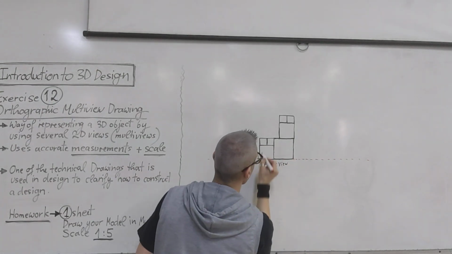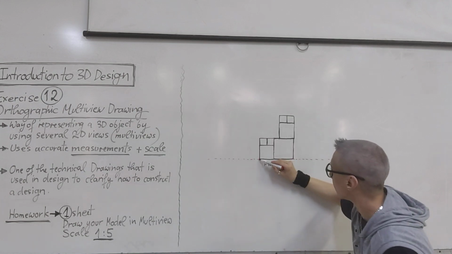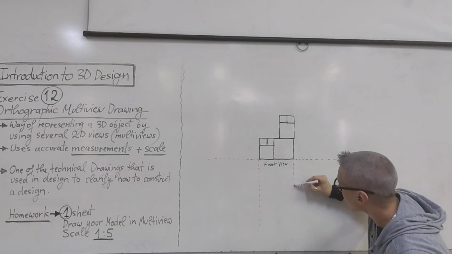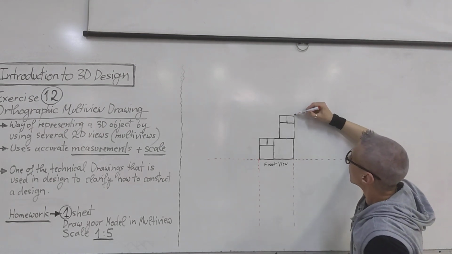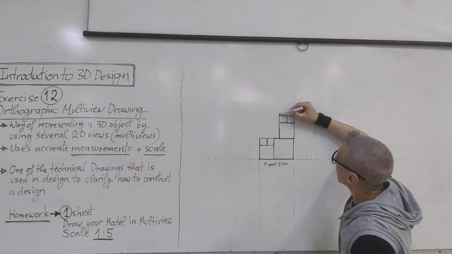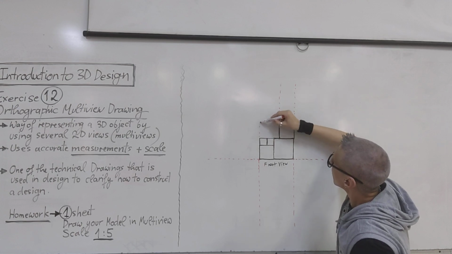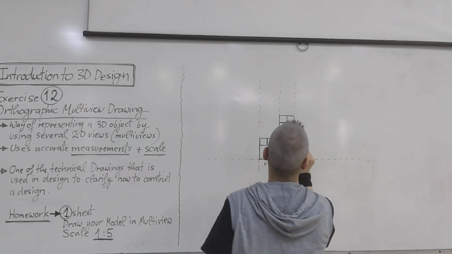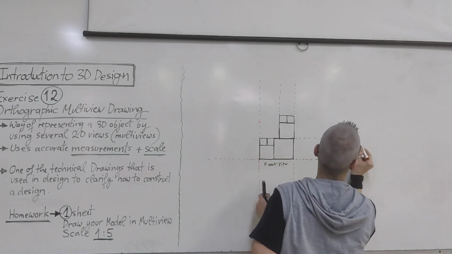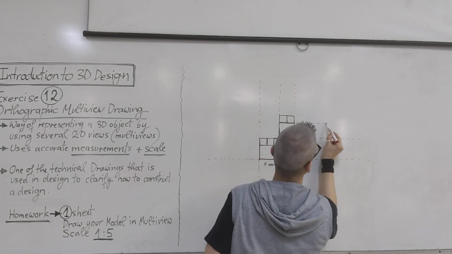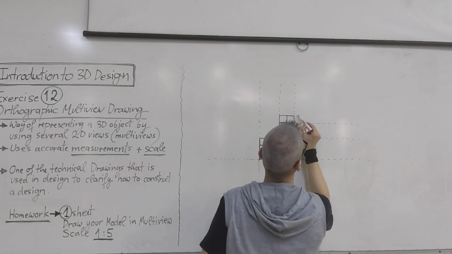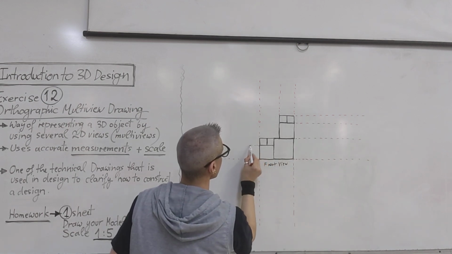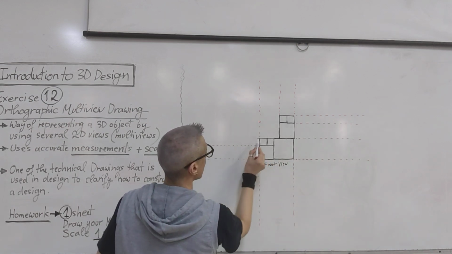All the elements need to be aligned perfectly. From each major detail, in our case, the cubes, we will take dotted lines, okay? And this will guide us where to place the other views.